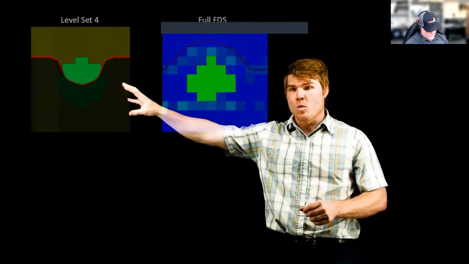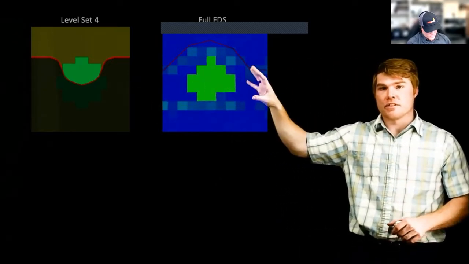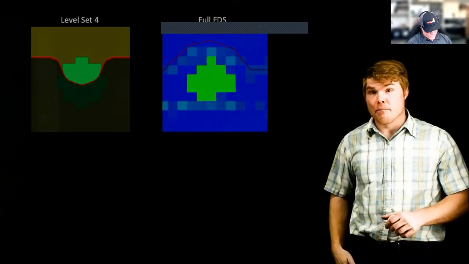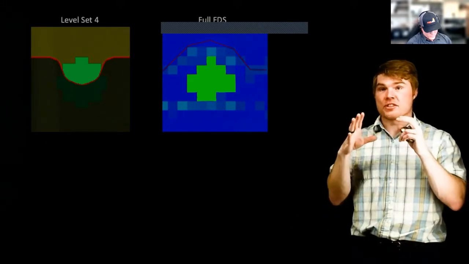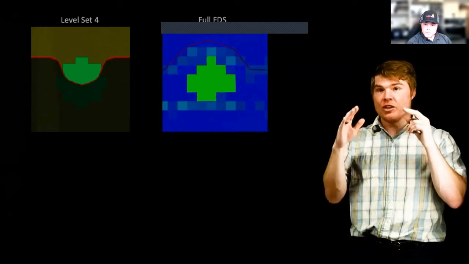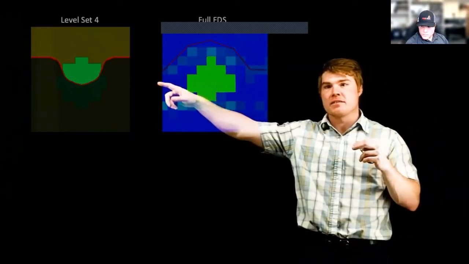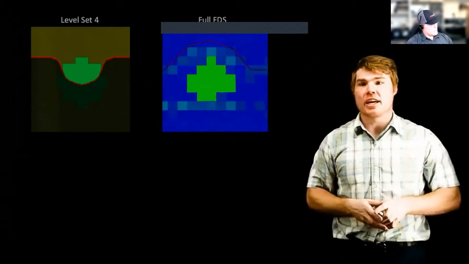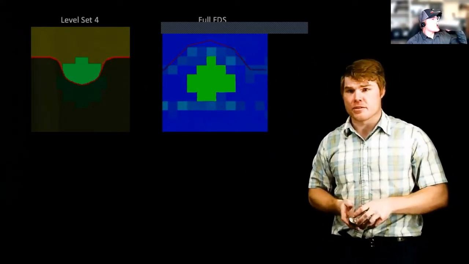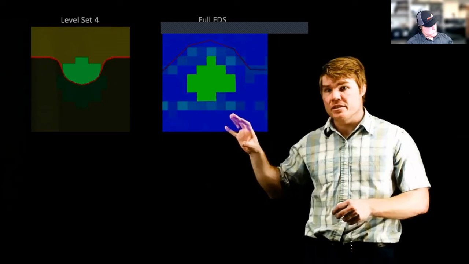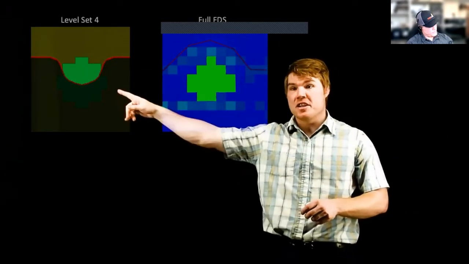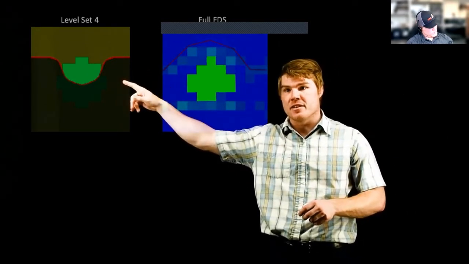Here's level set 4, and then the full physics run here. These are really simple runs, just a small domain. The only difference is you get a little circle. The green areas are the fuel changes, the same changes as our crop circle, with the same parameters. Very interestingly, you get inverted results here.